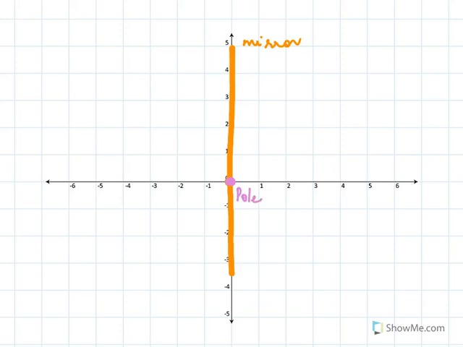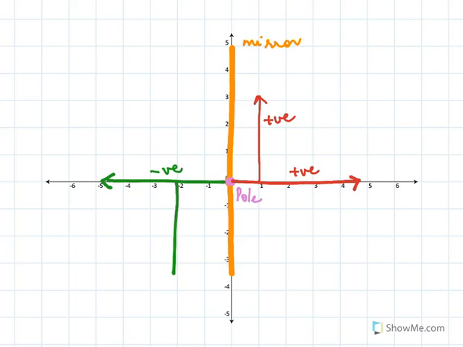Whatever you measure from the pole towards the right will always be positive, because it is in the positive part of the x-axis, and whatever you measure to the left will be negative, because it is on the negative side of the x-axis. Again, whatever you measure above will be positive, the positive part of the y-axis, and whatever you measure downwards from the x-axis will be taken as negative.